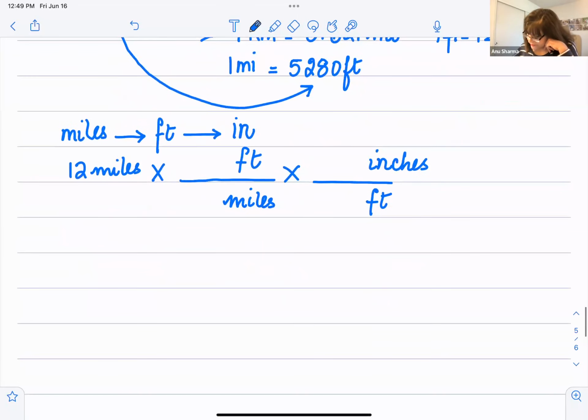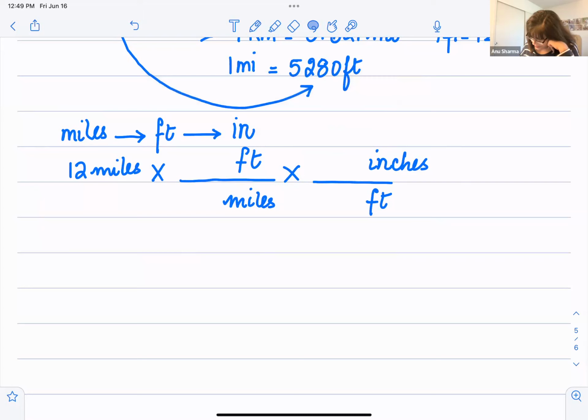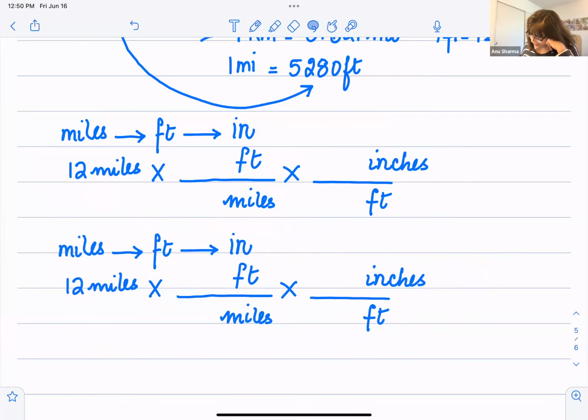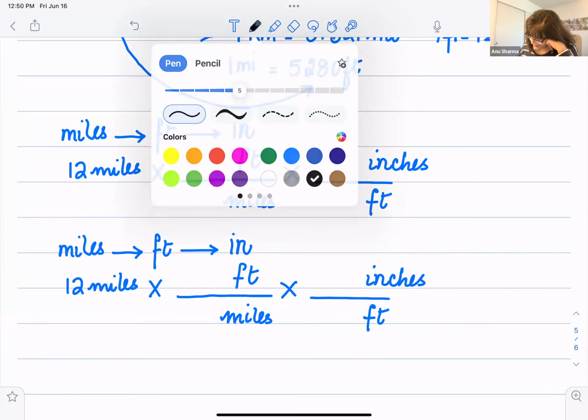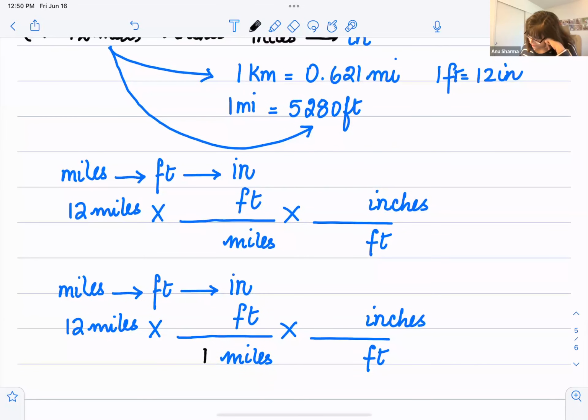I'm going to just leave it like this so you understand how to do this. Set up the problems, and then you can do more and more complex ones also. So now, just plug in the numbers. 12 miles, and we know that 1 mile is 5280 feet, and 1 foot is 12 inches.